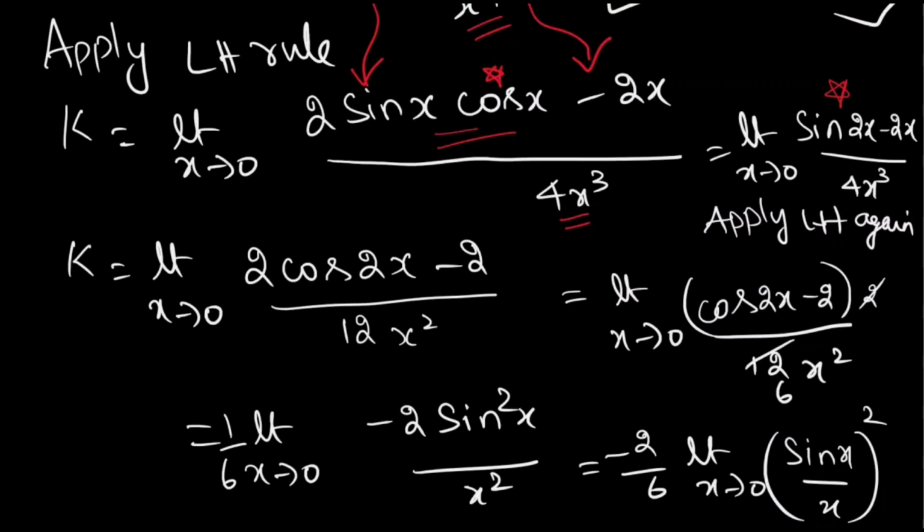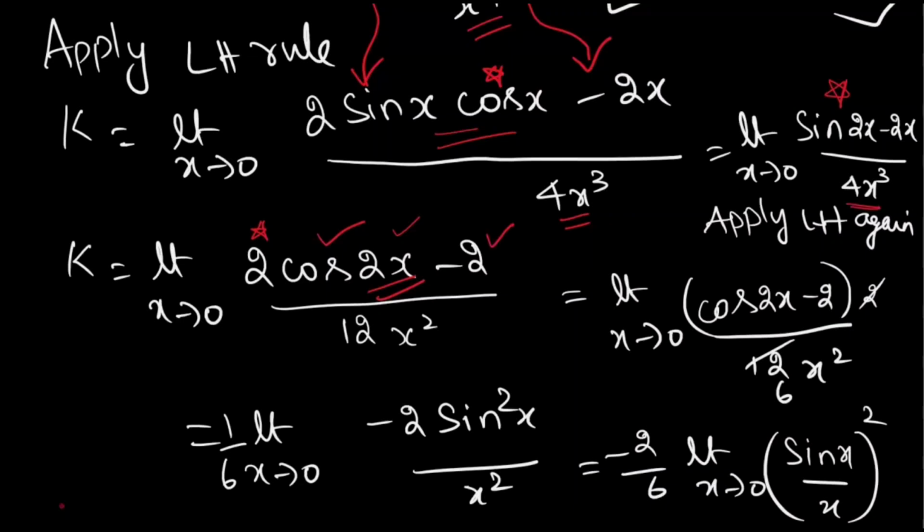So sin 2 theta differentiation is 2 cos 2 theta, because sin differentiation is cos. 2x differentiation is this 2. And then second term 2x is there. Obviously 2x differentiation is 2. Denominator we have 4x cube.